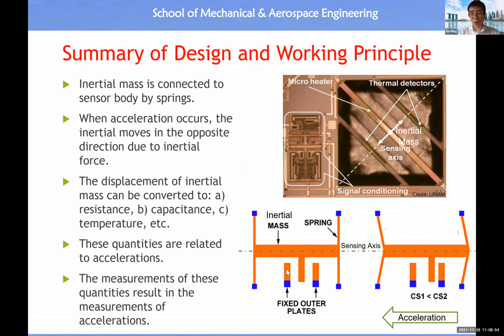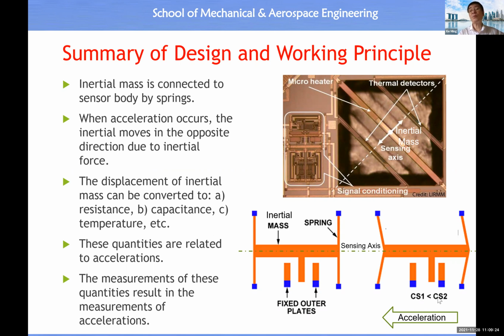Here we have two fixed outer plates and one movable plate. In this scenario, you see the gap between these two parallel plates has been shortened. Therefore, capacitance will increase. Then for this capacitor, the gap has been increased, so capacitance on the left-hand side will be reduced. Then we have this relationship.